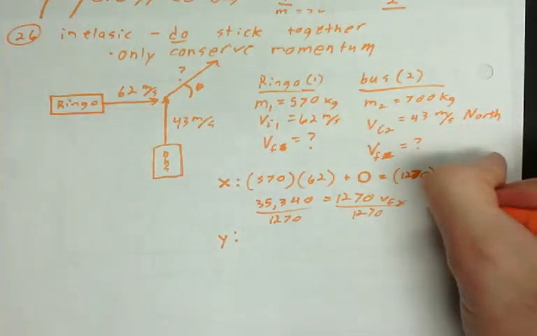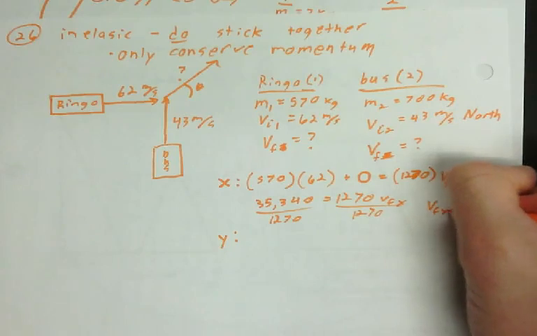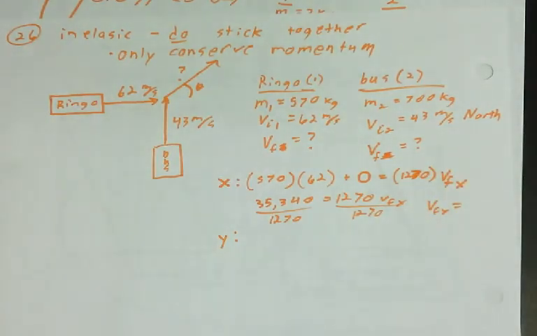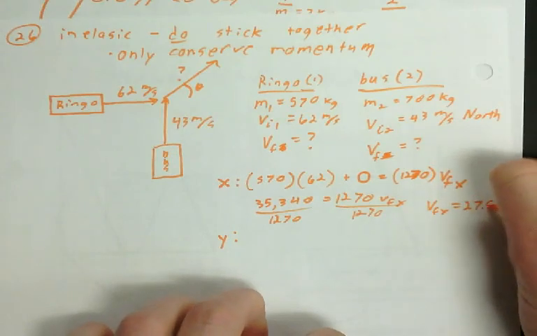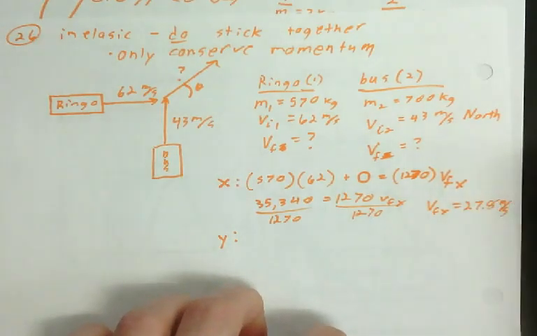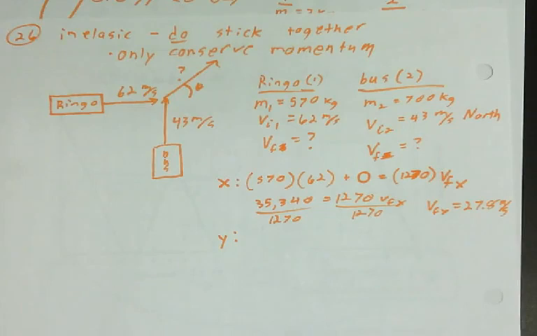Okay, that gives me a final velocity in the x direction. Again, it's just the x velocity, 27.8. Does that make sense now?